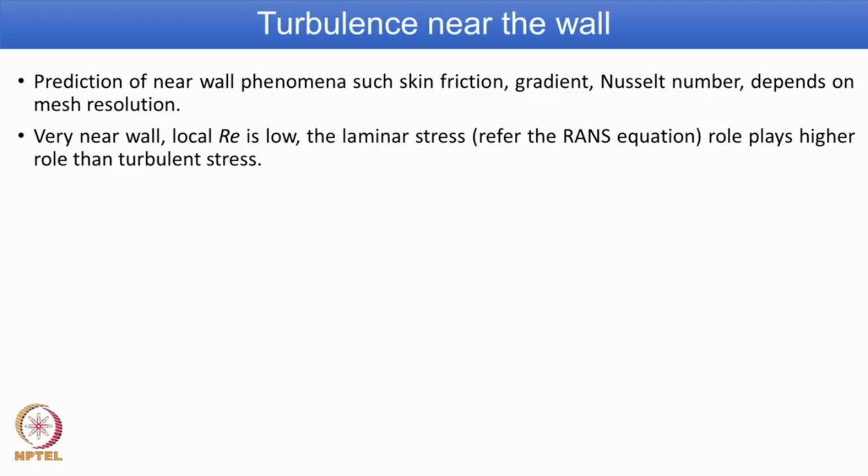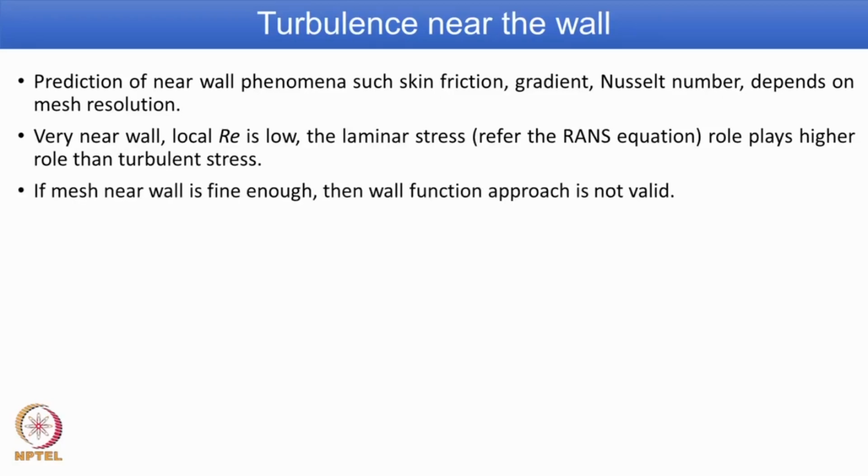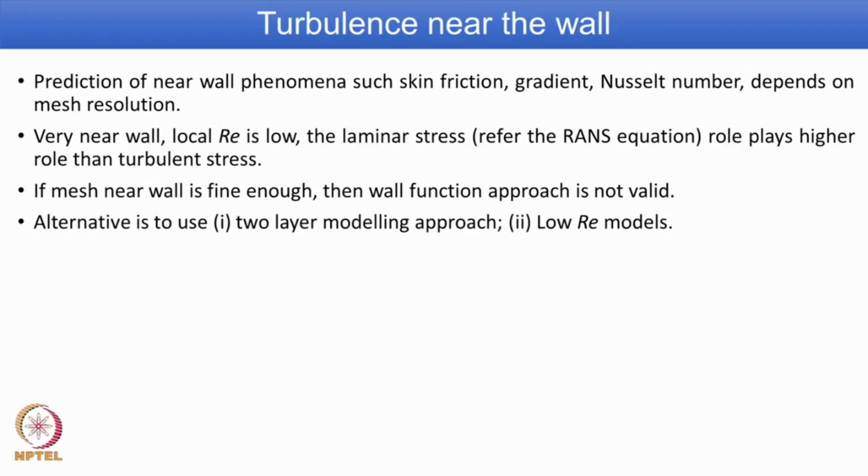So, laminar stress plays a higher role than turbulent stress. If the near wall mesh is fine enough, then the wall function approach is not valid, as shown in the figure in the previous slide.